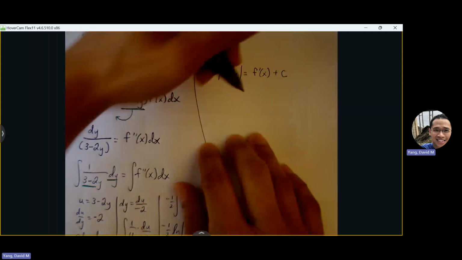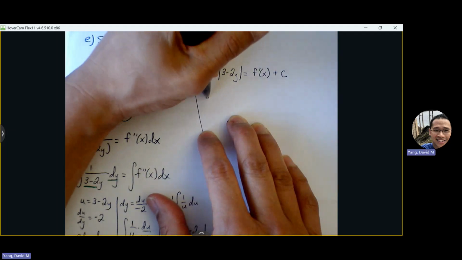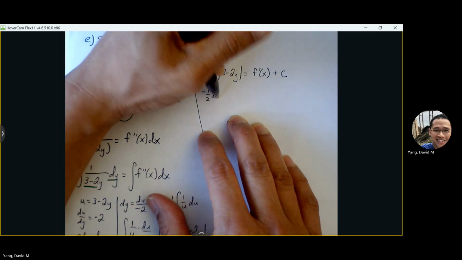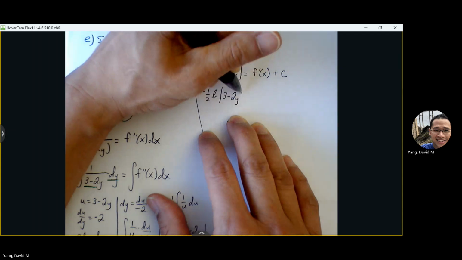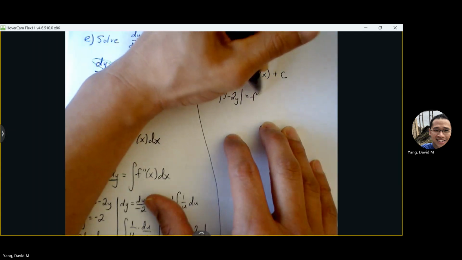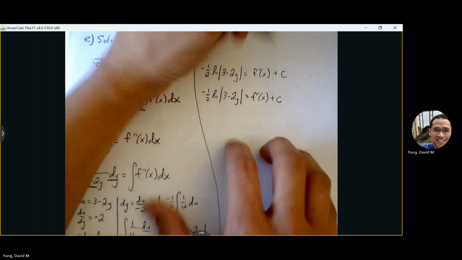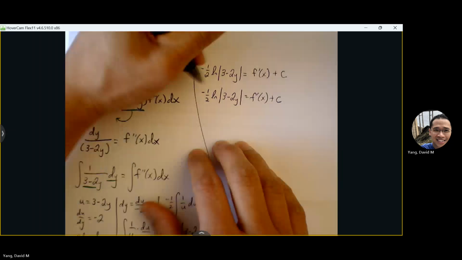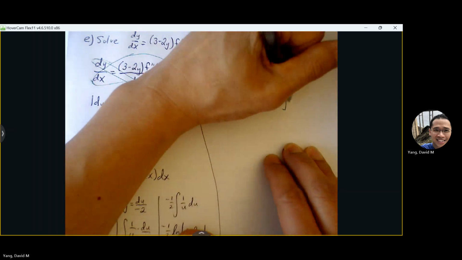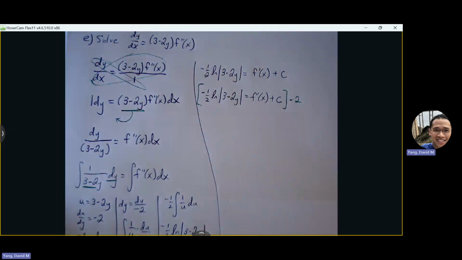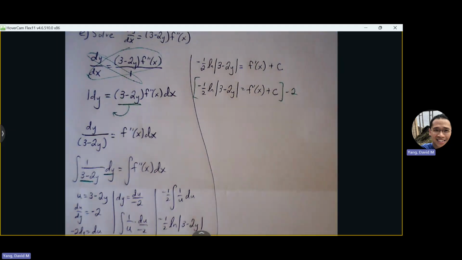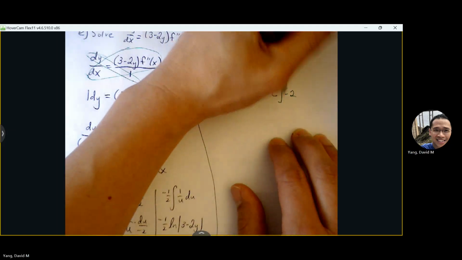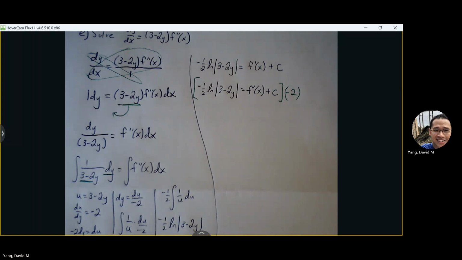So I'm going to multiply everything through with -2 to shift that coefficient over to the right side.